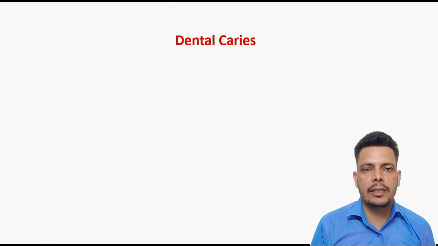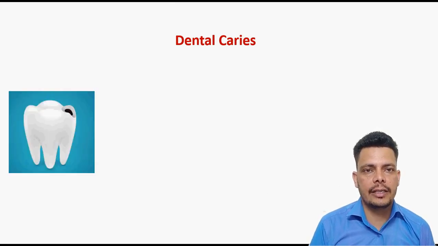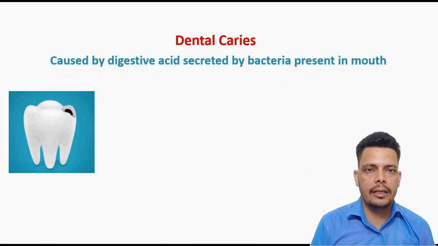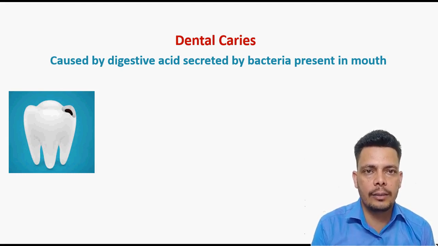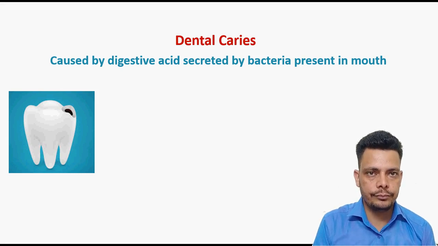All of you know that there are a lot of bacteria living inside our mouth, and in this video we have studied the bacteria that have the saprophytic mode of nutrition. They secrete the digestive enzyme or acid outside the body. Those acids can affect our enamel, which is the outer hard covering of the tooth.